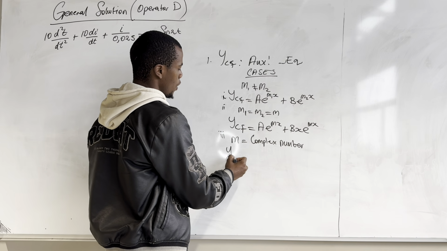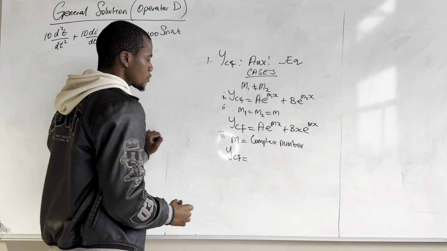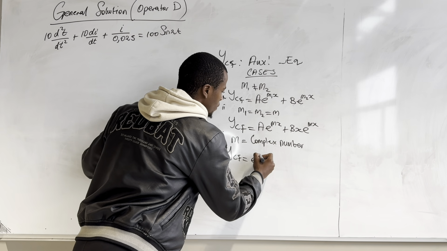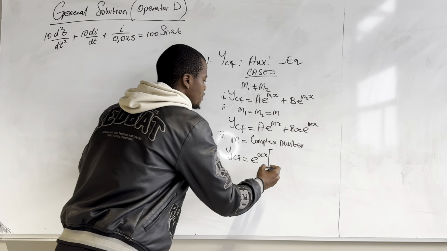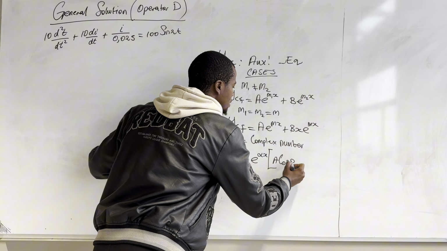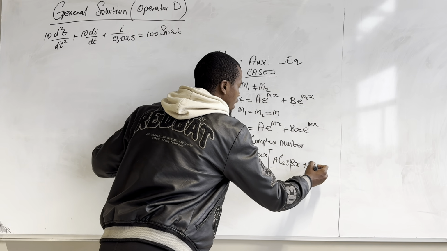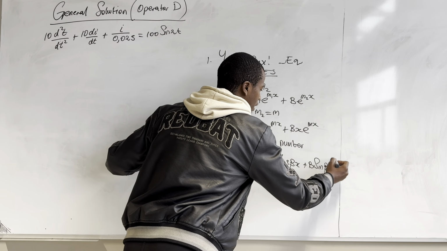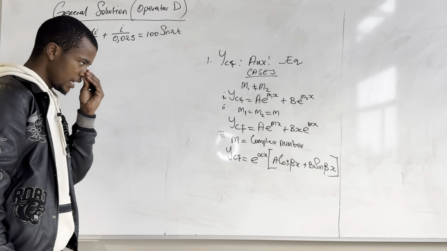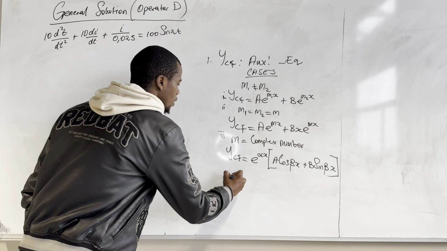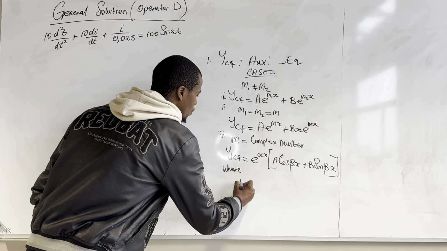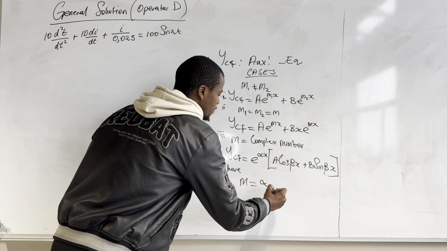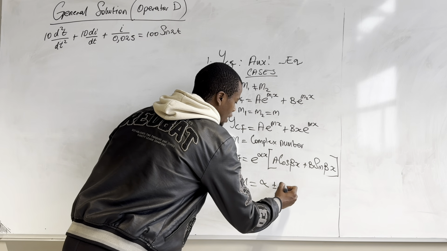So y cf is equal to e to the power of alpha x, times A cos beta x plus B sine beta x, where your m on the auxiliary equation is equal to alpha plus or minus j beta.